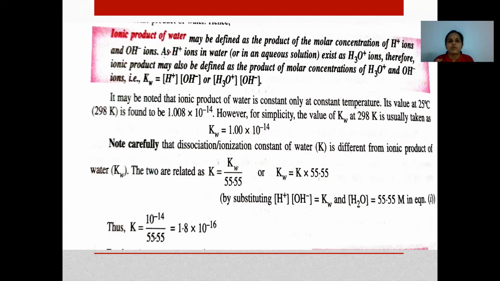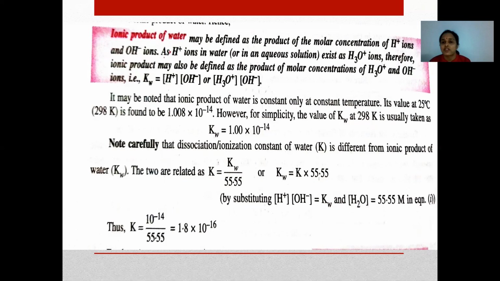Therefore, ionic product may also be defined as the product of molar concentrations of H3O plus and OH minus, that is, Kw is equal to molar concentration of H plus into molar concentration of OH minus, or Kw is also equal to molar concentration of H3O plus into molar concentration of OH minus respectively.